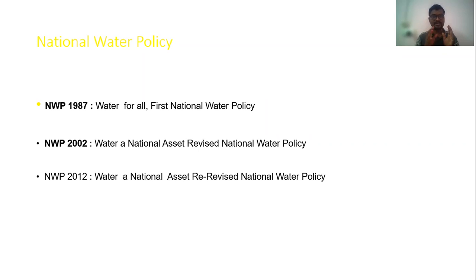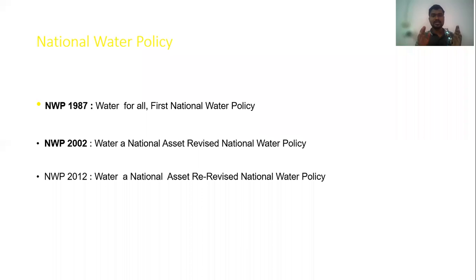Okay, and in that, the main statement about water was that water is a national asset. पहिल्या पॉलिसीमध्ये काय होतं की वॉटर फॉर ऑल, रिवाइज केली 2002 मध्ये. त्याच्यामध्ये भरपूर सारे सेगमेंट्स होते. I am just highlighting some of the points over here. Main highlight: water is a national asset and we have to use it precisely.